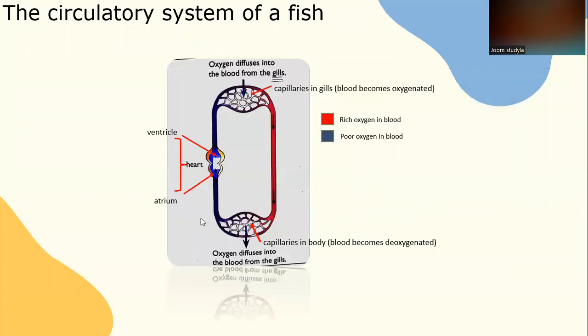This diagram shows the circulatory system of a fish, which only consists of one ventricle and one atrium. The red color is blood rich in oxygen, and the dark blue color indicates blood poor in oxygen.